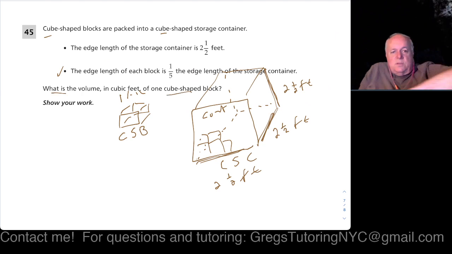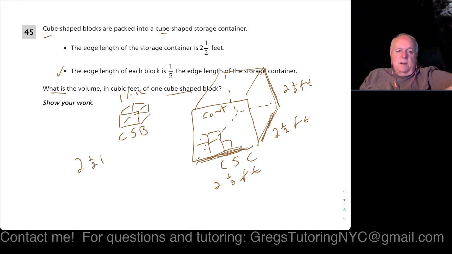All right, so the length of the sides here are 2.5 feet, and this block here is 1/5 of that. So when I say of, I normally mean multiplication. So I'm going to multiply this by 1/5. I'm going to convert 2.5 into an improper fraction.